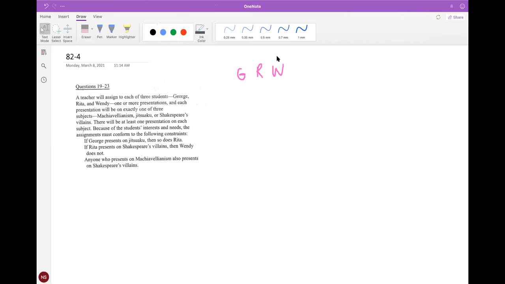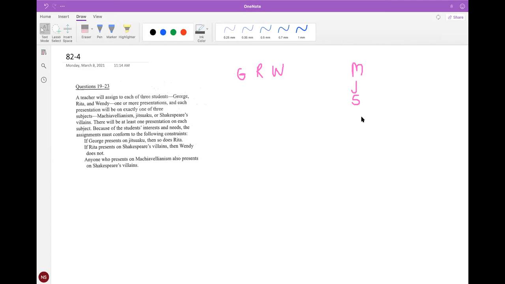So M, G, J, and S. And so, okay, there will be at least one presentation on each subject. And because of the students' interests and needs, the assignments must conform to the following constraints.